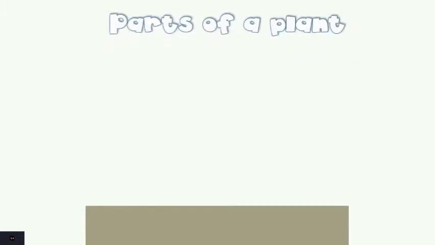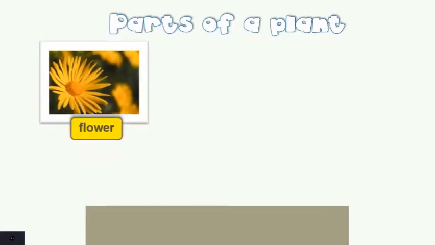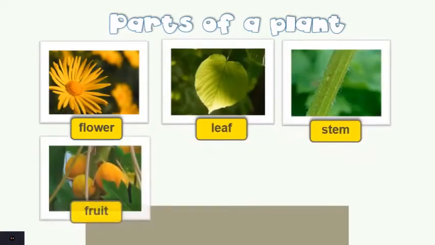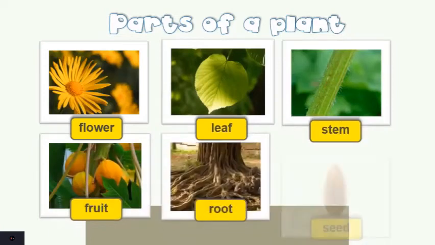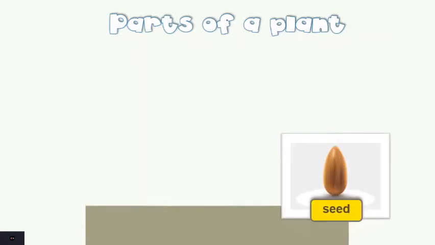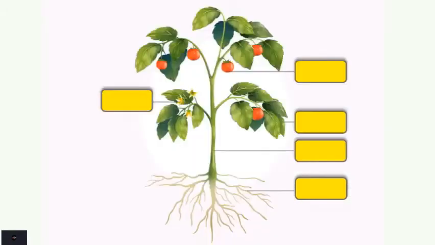First, we have flower, leaf, stem, fruit, root, and seed. These are the main parts of a plant. Look at the picture of a tomato plant.